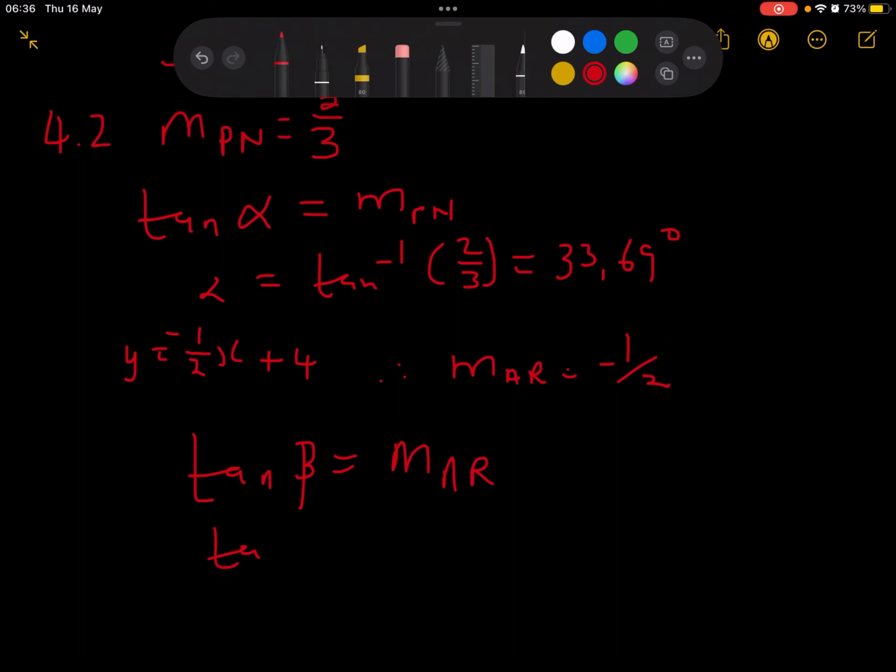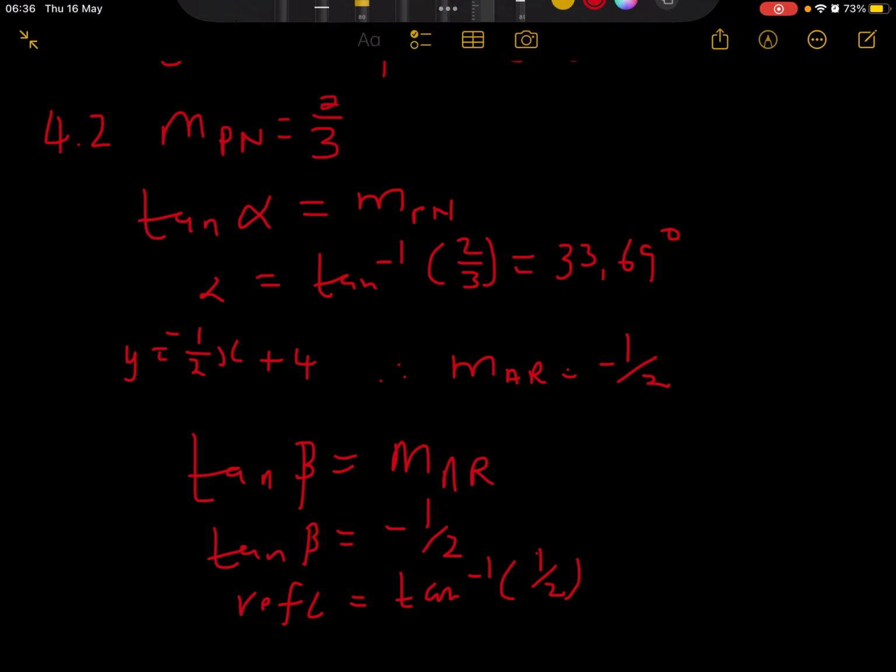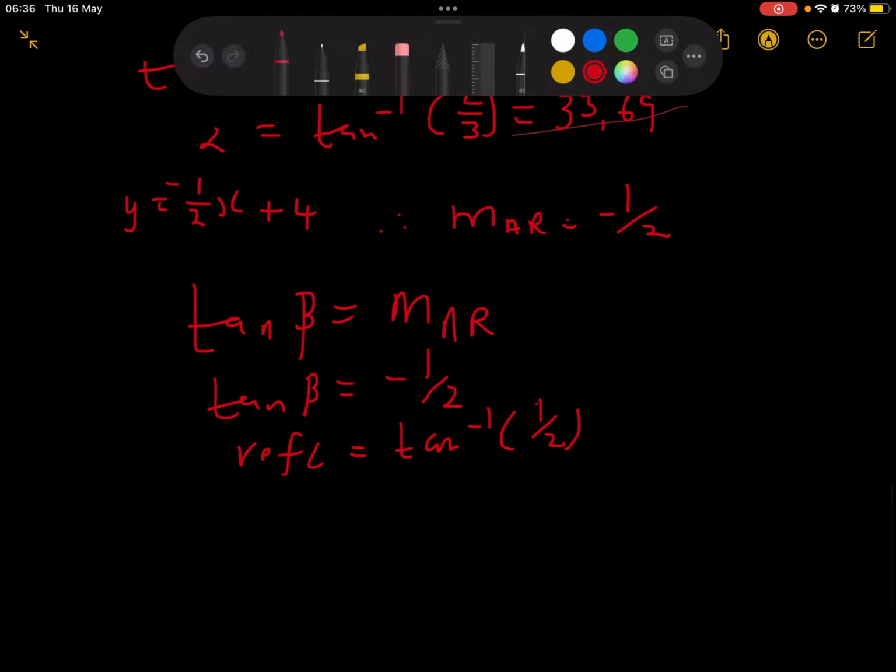Now, tan beta is equal to negative half. And then we calculate the reference angle as if we were calculating a general solution, which is arctan of 1 over 2. So we ignore the sign when we're calculating the general solution. The reference angle will be equal to 26.57 degrees.